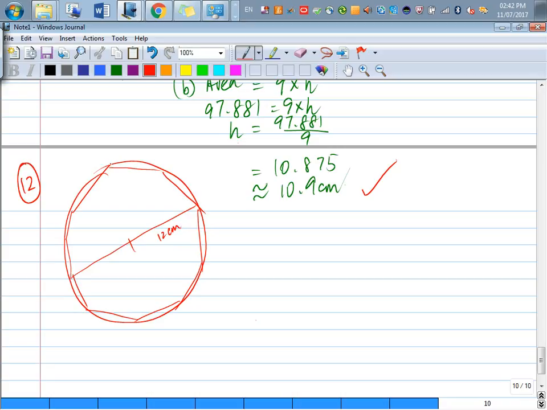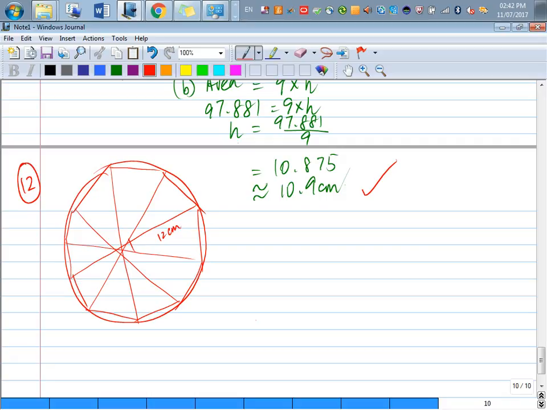Because this is a regular 10-sided figure, I can divide this into equal triangles. If I divide this, I will get equal triangles, correct? All these triangles are congruent, they are equal.